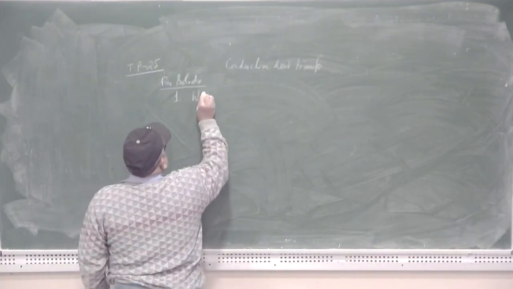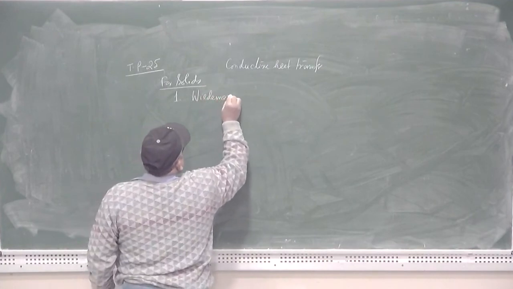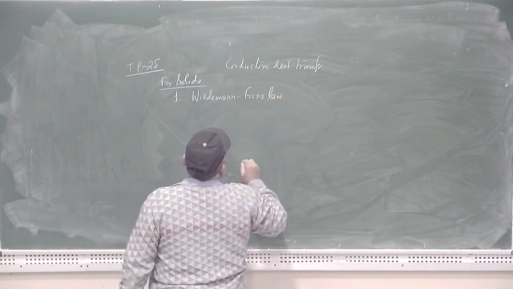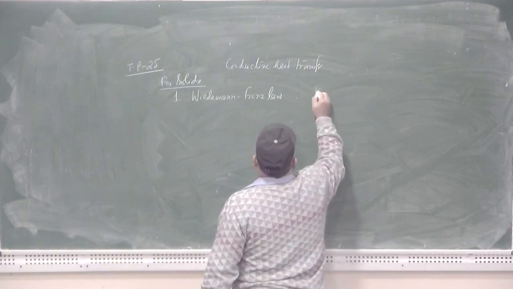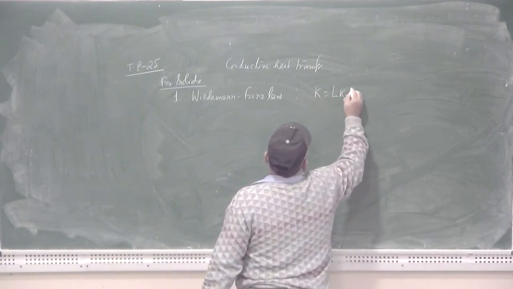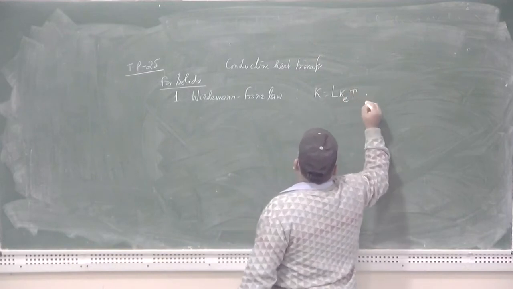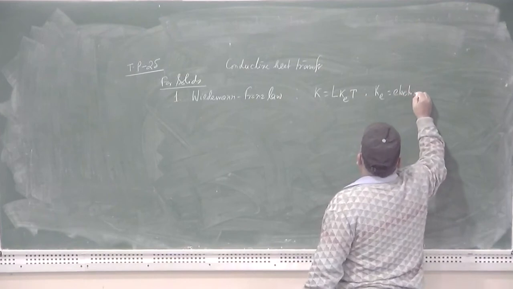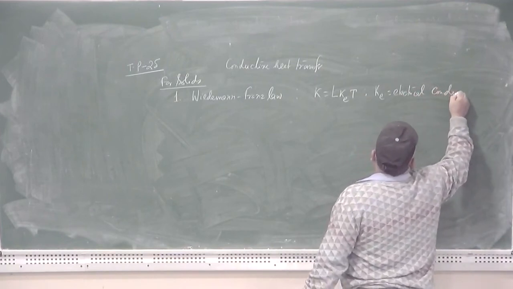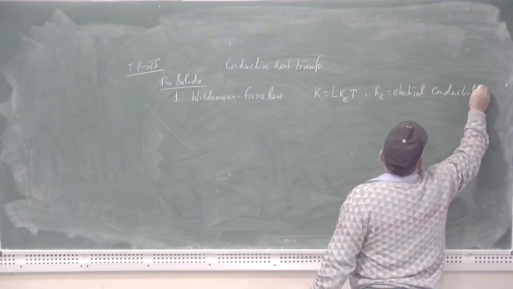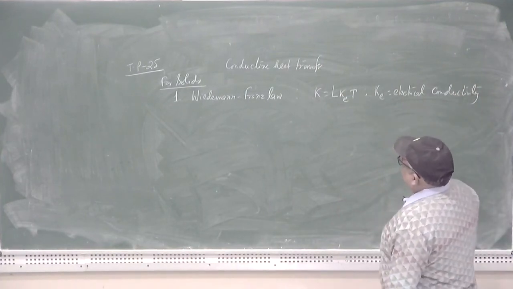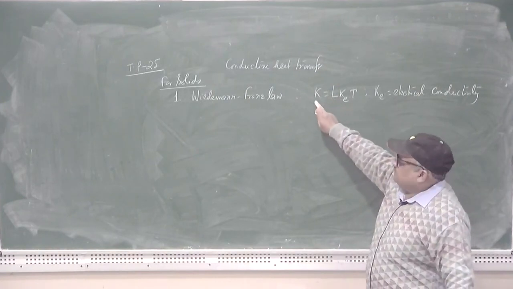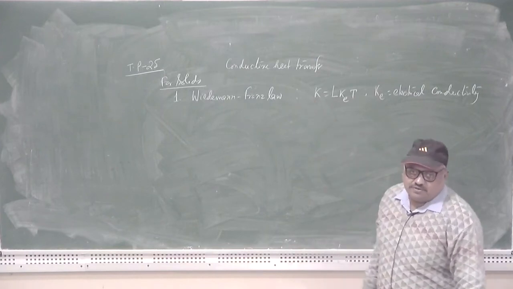First relationship is called the Wiedemann-Franz law, which is related with the Lorentz number, and this is given as K is equal to L into Ke into T, where Ke is the electrical conductivity. Once the electrical conductivity and the temperature are known, and the quantity L, that is the Lorentz number, if these three quantities are known, then you can easily evaluate the thermal conductivity of the solid.